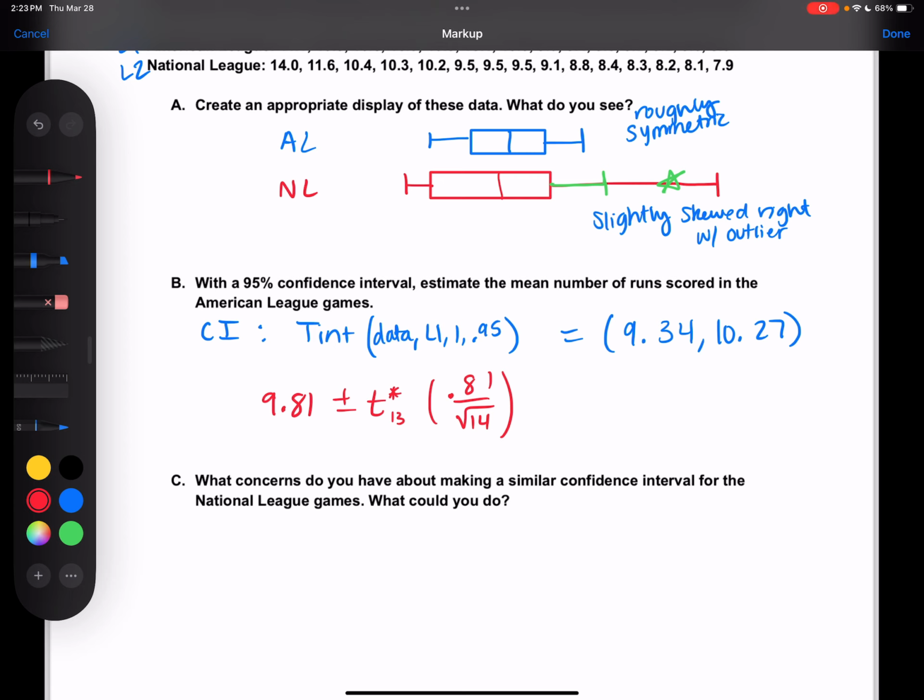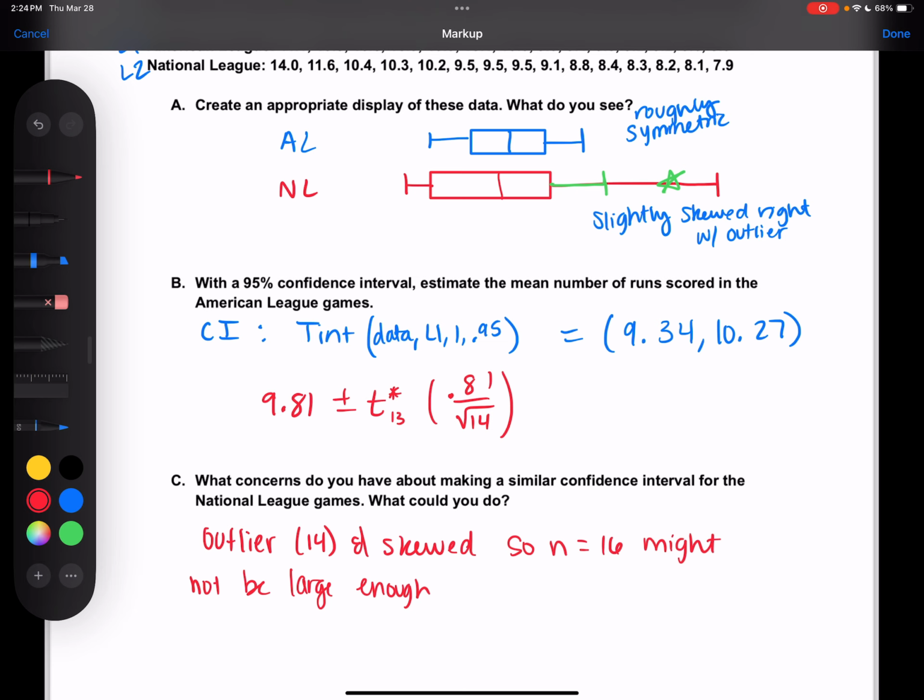So we might want to run it without the outlier, by removing 14. So: outlier, and skewed. n equals 16, might not be large enough. Possibly run the confidence interval without outliers.